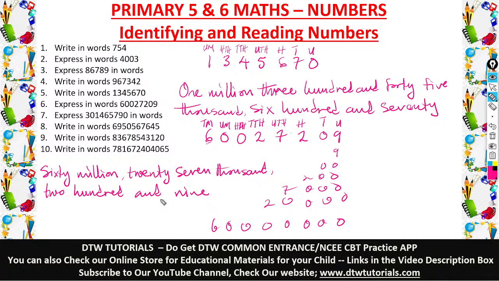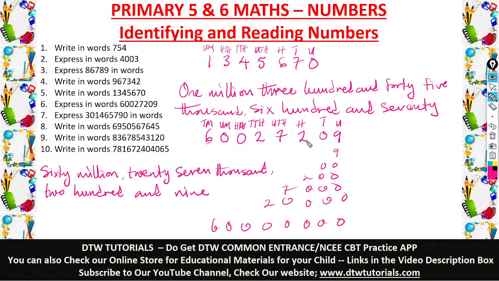Can you see that? 60 million, 27,209. So we have captured these numbers, writing them in words.